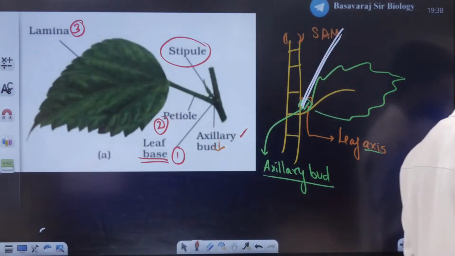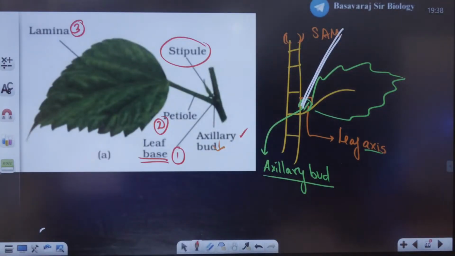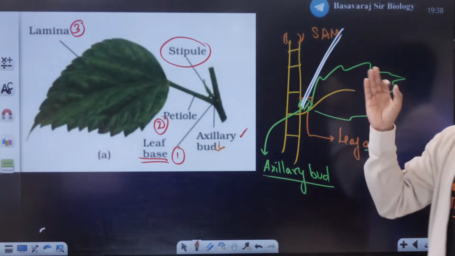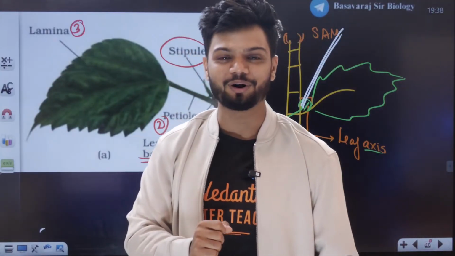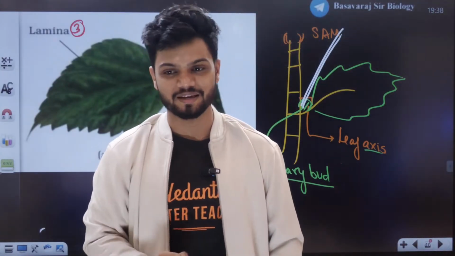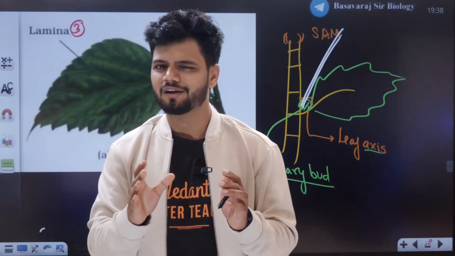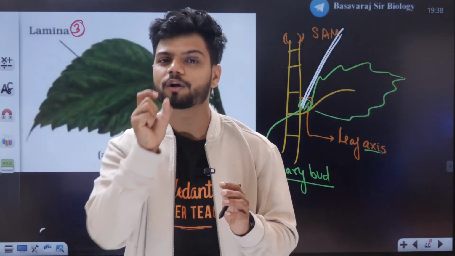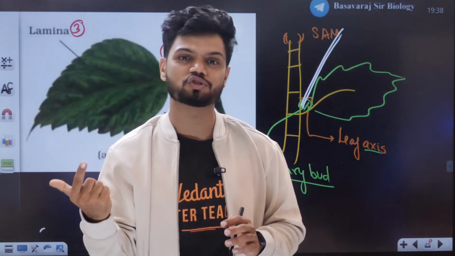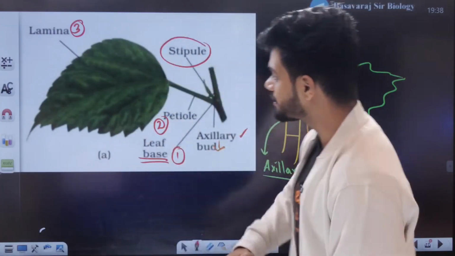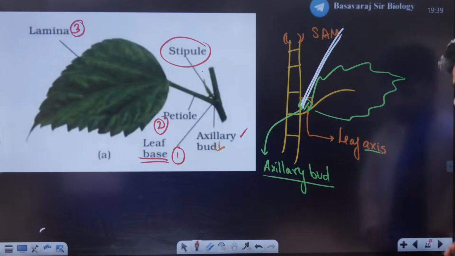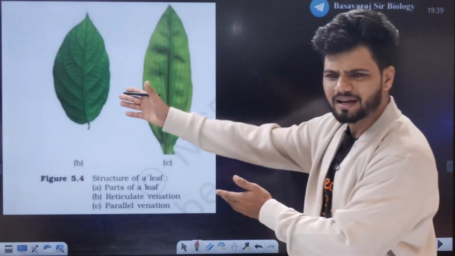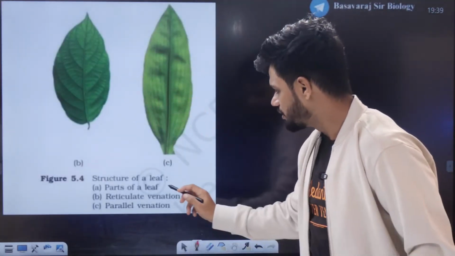Such a leaf base is called sheathing leaf base. Students, do you realize I am teaching you every single point of NCERT in this rapid revision of mine? Diagrams. I am not just telling you the diagram, but I am teaching you the concepts here and there.